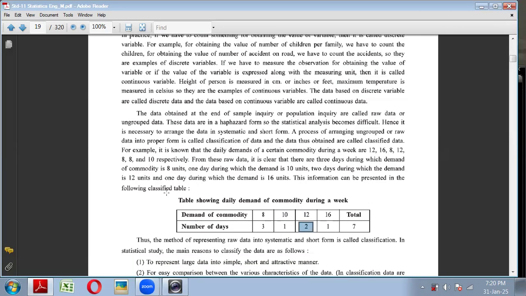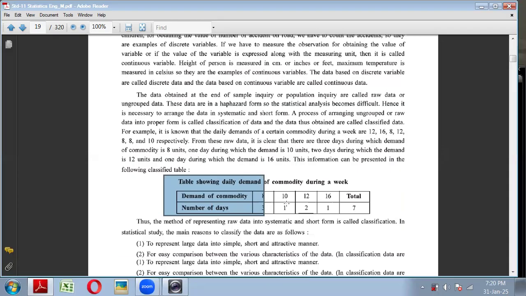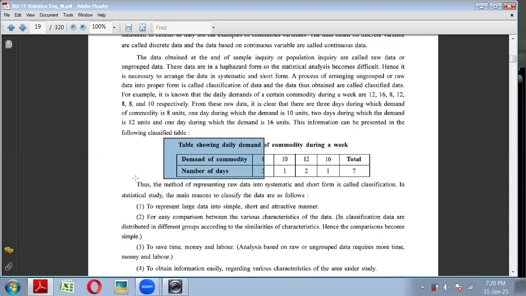So these data are arranged in a proper table form. They are classified; they are not haphazardly presented. So this is called classification of data. Now, why should this data be arranged very systematically or in short form?